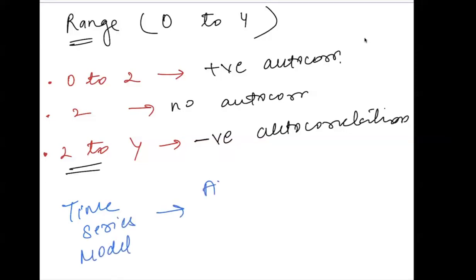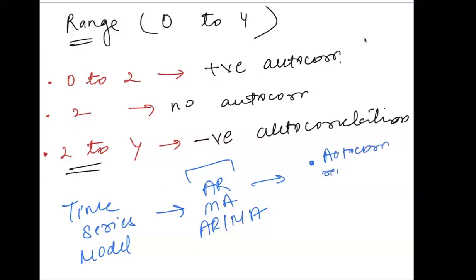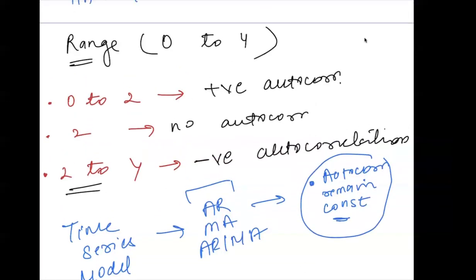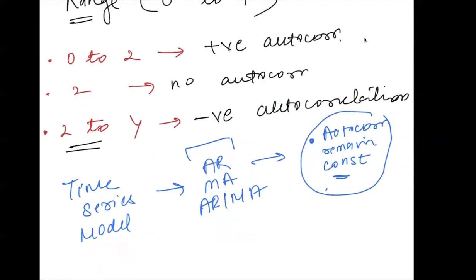If you see the auto-regressive model, moving average model, ARIMA model, one of the assumptions of these time series models is that the autocorrelation between the residuals remains constant. Even though it's constant, it's still capturing the autocorrelation. In linear regression we are saying there should be no autocorrelation, but in time series models autocorrelation is allowed, the only thing is it should be constant.